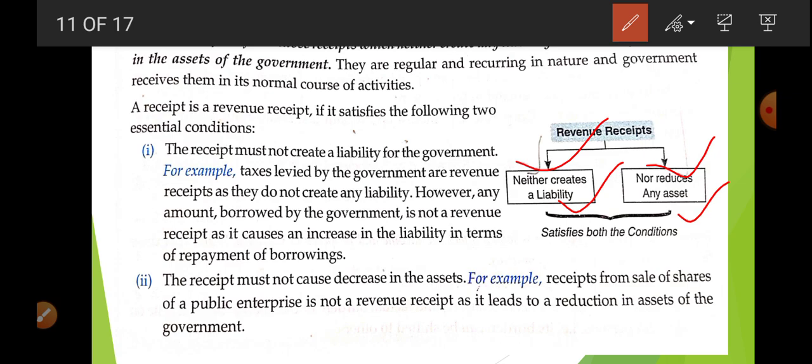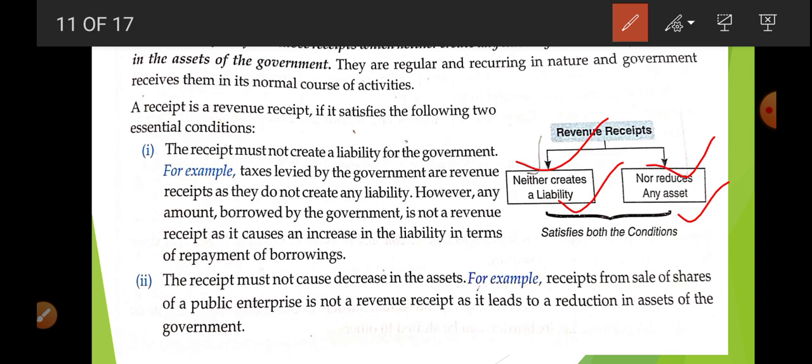So suppose you sell the phone for 5000 rupees. Now you get this 5000 rupees. This 5000 is not a revenue receipt. Why? Because now your fixed asset has decreased, you had to give up your phone to get this 5000 rupees. In the first case, you had taken 200 rupees but you have to pay it back.